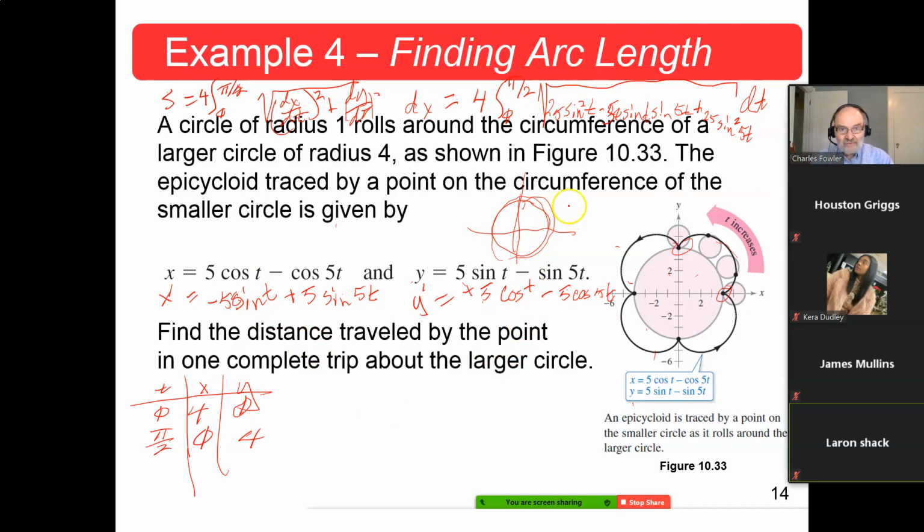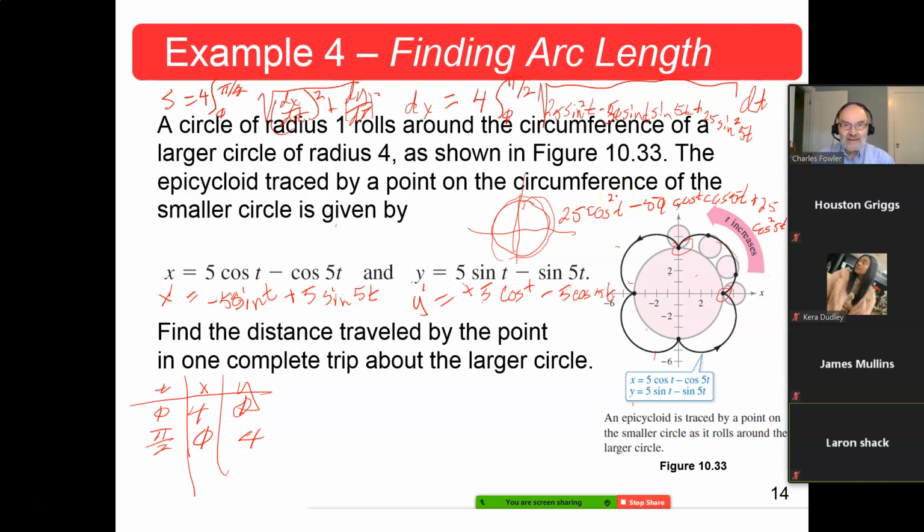Okay, so this is also under the radical, and that would be 25 cosine squared t minus 50 times cosine t cosine 5t plus 25 cosine squared 5t. And then we have our dt.